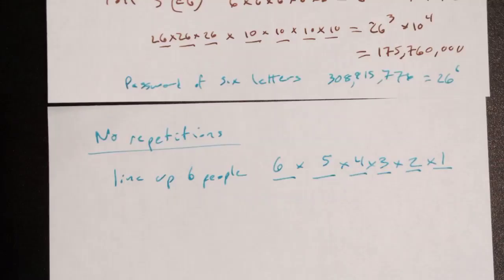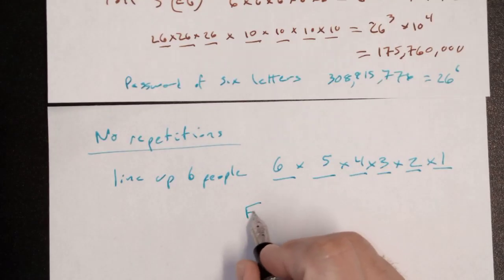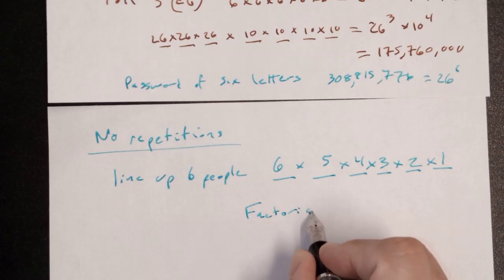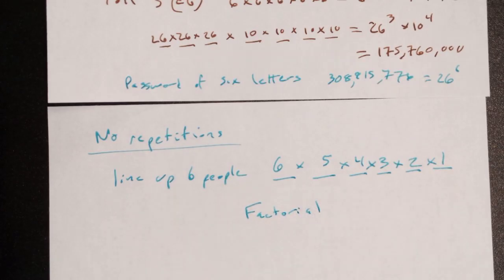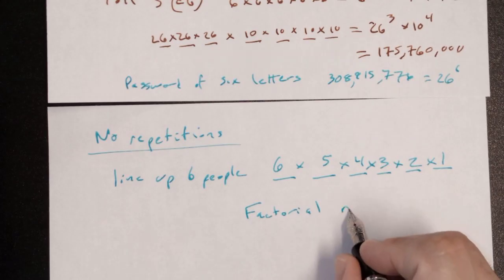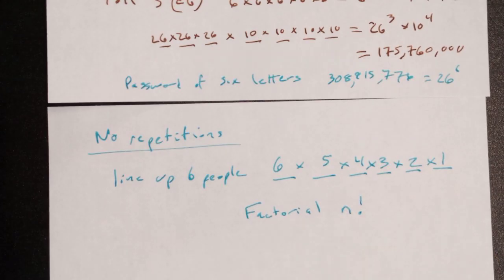A decreasing count like this is called a factorial. Whatever positive whole number you want, n, is given the symbol with an exclamation point. That's not n, that's n factorial.